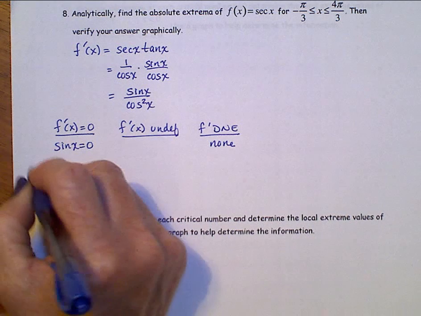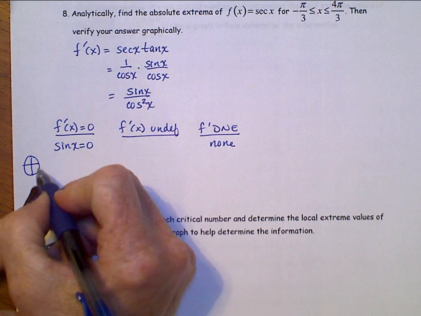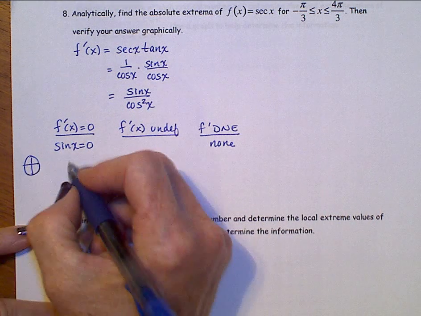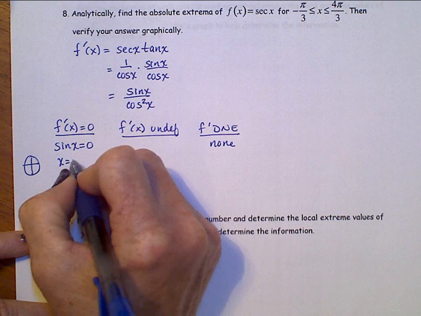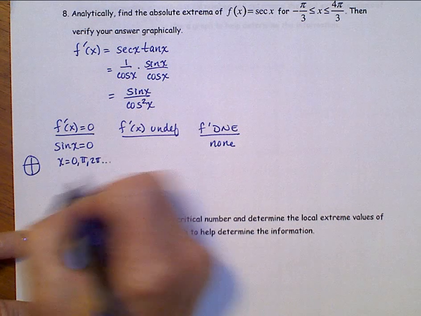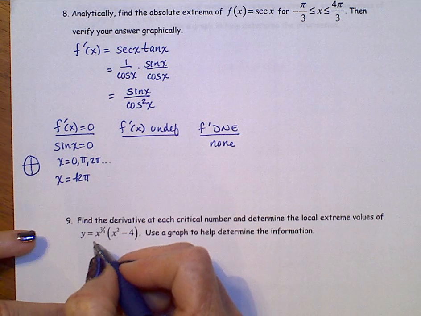Think back, unit circle. Where is sine equal to 0? Sine is equal to 0 at 0, pi, 2 pi, 3 pi, etc. x equals 0, pi, 2 pi, or x equals some k times pi.